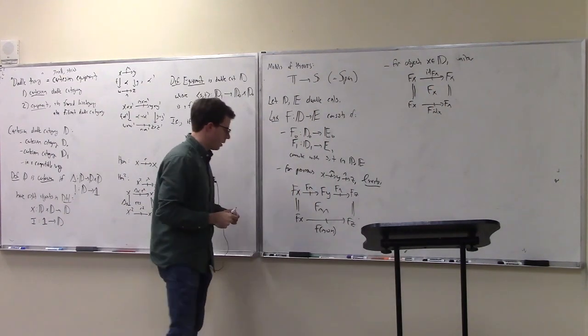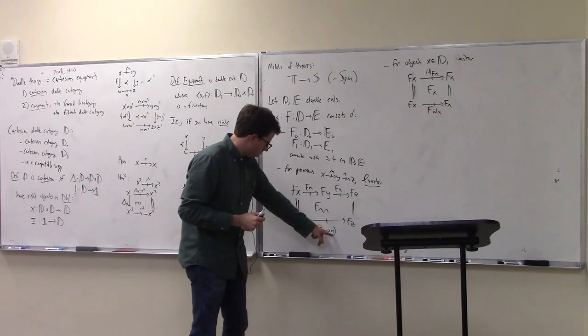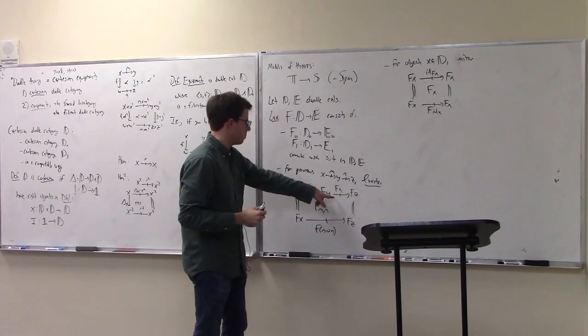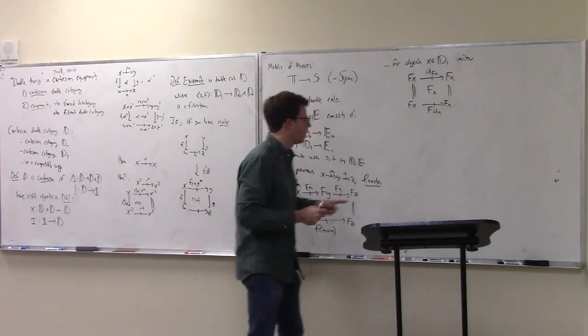Okay, so in particular, F of m compose n is not necessarily the composite of this, and F of the identity is not necessarily the identity.